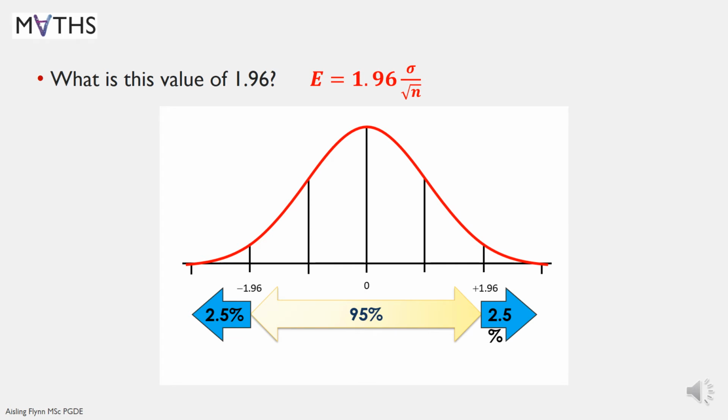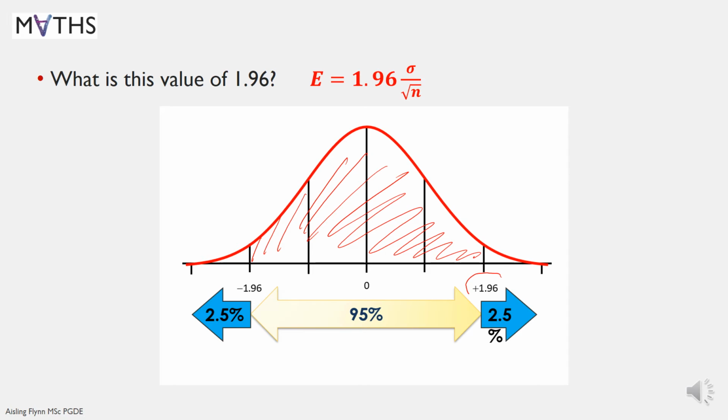So what is this value of 1.96? Well, it comes from our 95% confidence level. Okay, so when we learned the empirical rule, we learned that 95% of the time the value is within 2 standard deviations from the mean. Okay, and that was somewhat simplified.